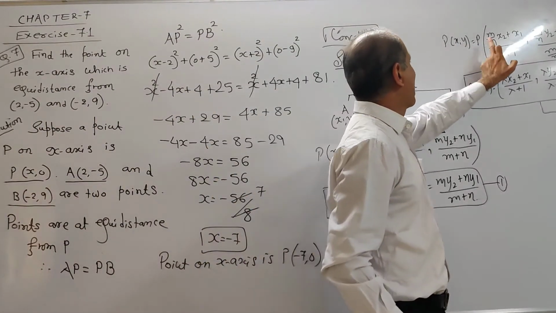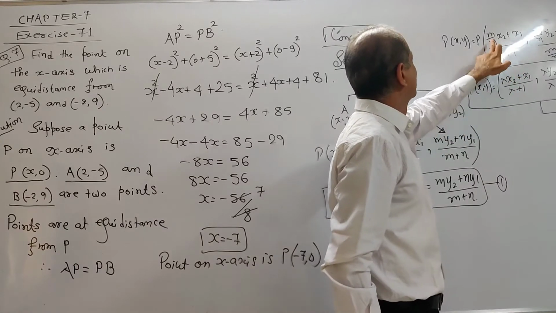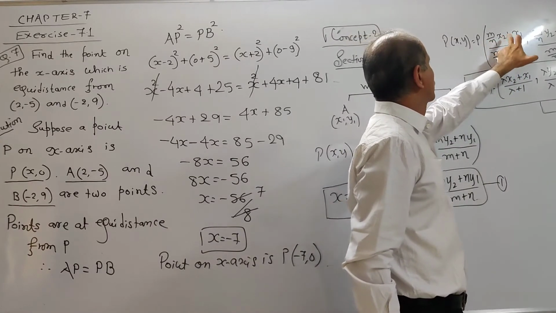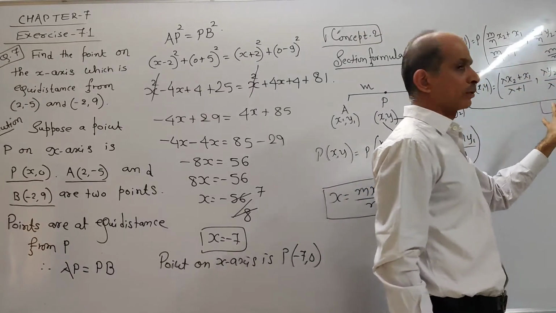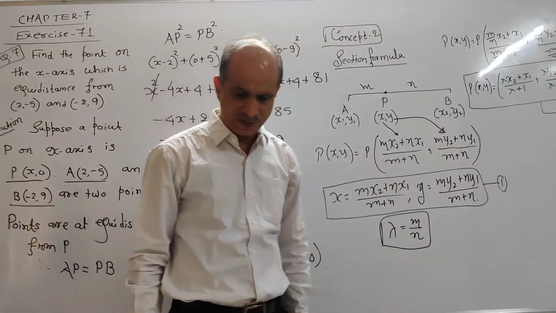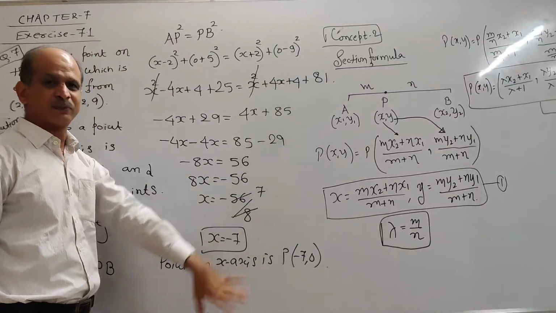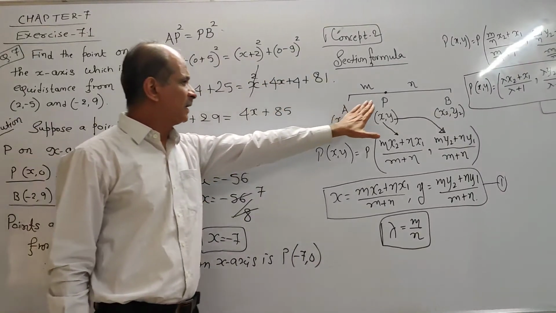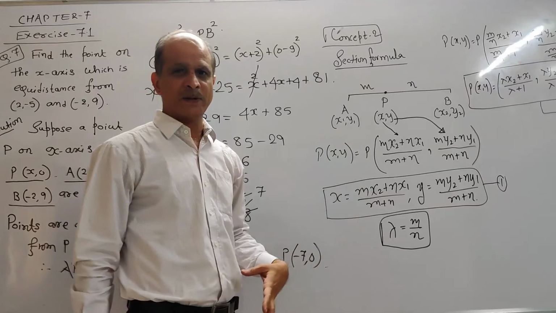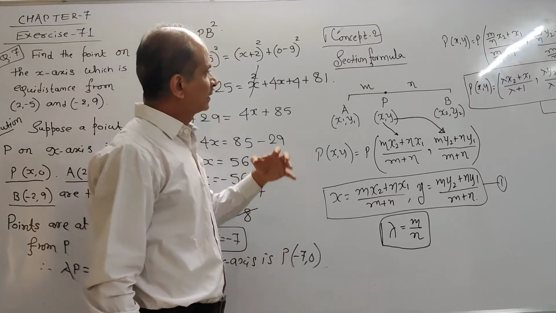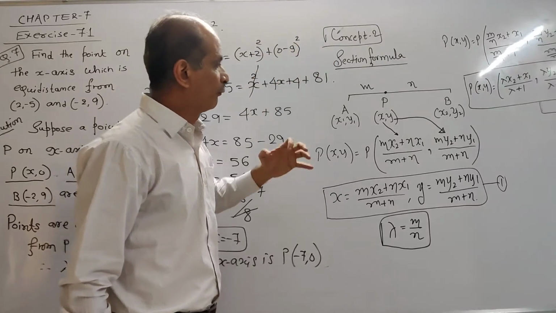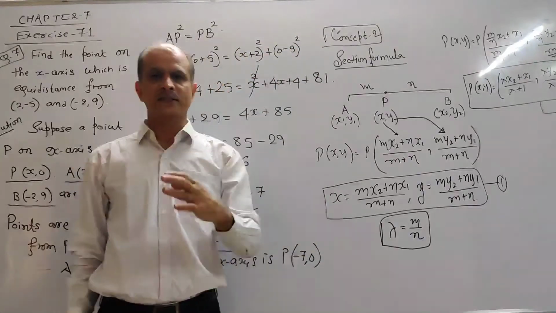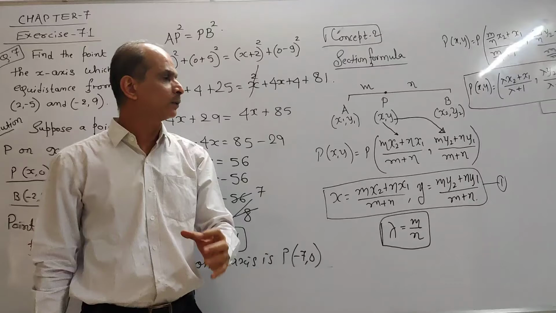Let me assume m by n is equal to lambda. It gives (lambda x2 plus x1) upon (lambda plus 1), and similarly (lambda y2 plus y1) upon (lambda plus 1). Well, so this is about the section formula. P divides line segment AB in the ratio m by n, and that's why it is known as the section formula. It is very, very important to solve the examples of exercise number 7.2.